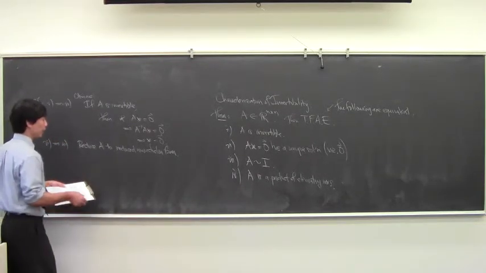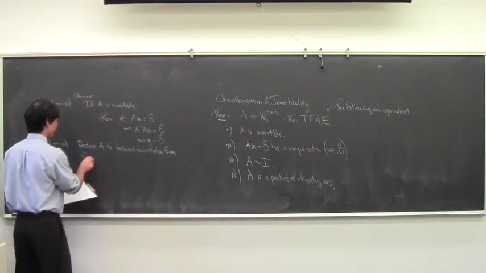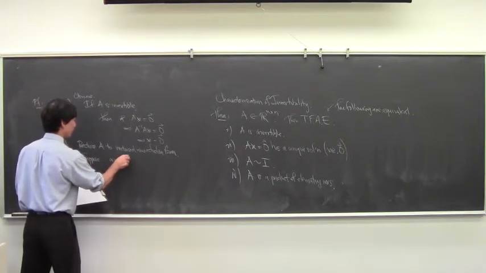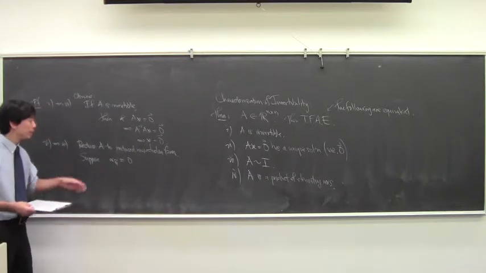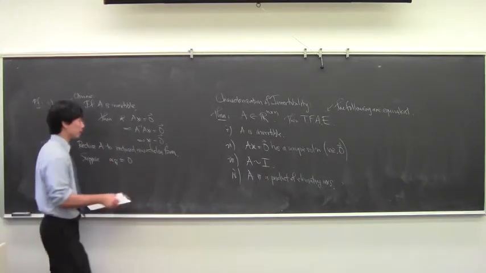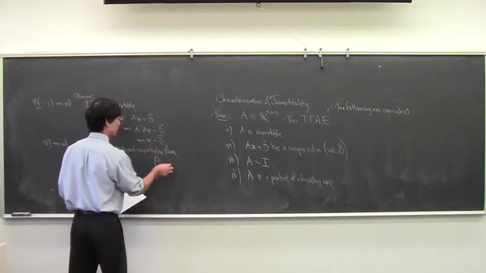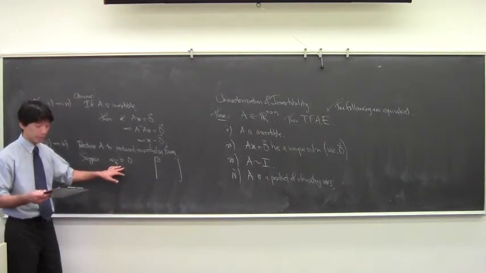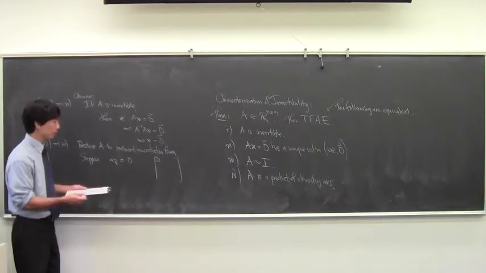Okay, and suppose alpha II equals 0. Suppose that one of the diagonal entries is 0, like maybe the first one is 0. Suppose one of the diagonal entries in the reduced row echelon form is 0.